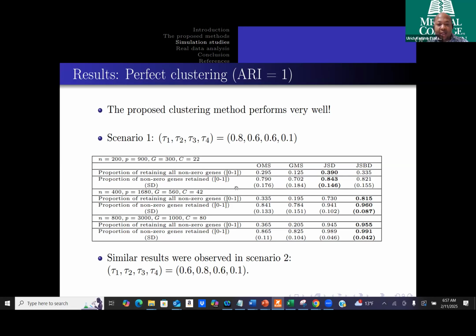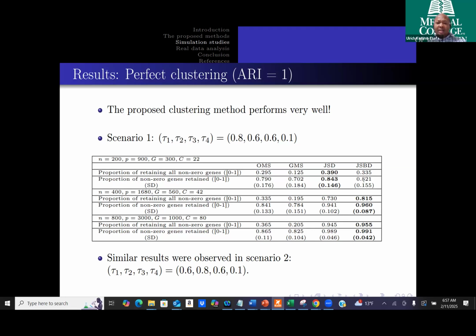You will also see that the omic marginal screening method retains on average 79% of important genes. The gene marginal method retains 70% of important genes. The proposed method with the diagonal retains 85% of genes, and the proposed method with the block diagonal retains 82% of genes, which is great.